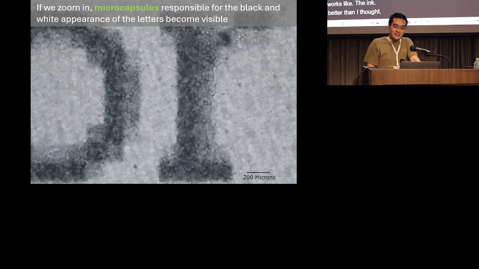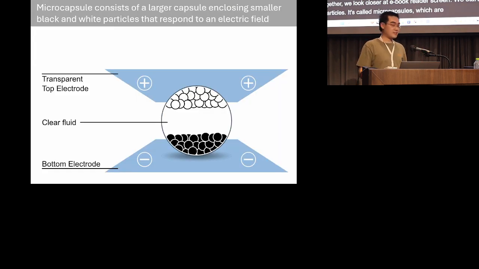If we look closer at the ebook reader screen, we start to see these tiny particles called microcapsules, which are the material that makes the black and white letters appear on the e-ink display. If we zoom in closer, each microcapsule is a tiny sphere that contains even smaller black and white particles.